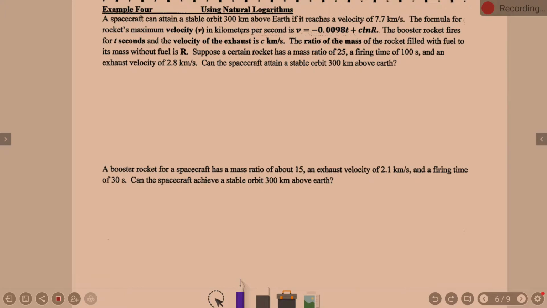A spacecraft can attain a stable orbit 300 kilometers above the Earth if it reaches a velocity of 7.7 kilometers per second. The formula for a rocket's maximum velocity v in kilometers per second is v equals negative 0.0098 t plus c ln r.